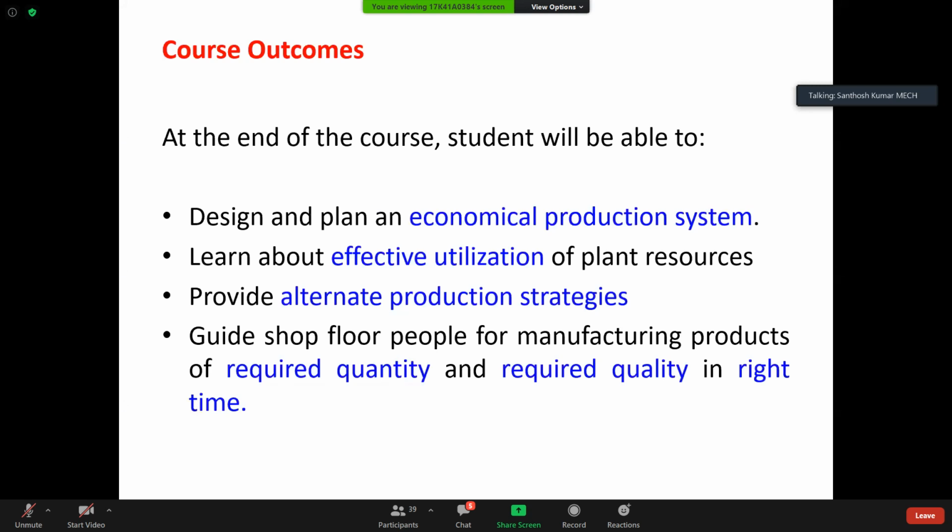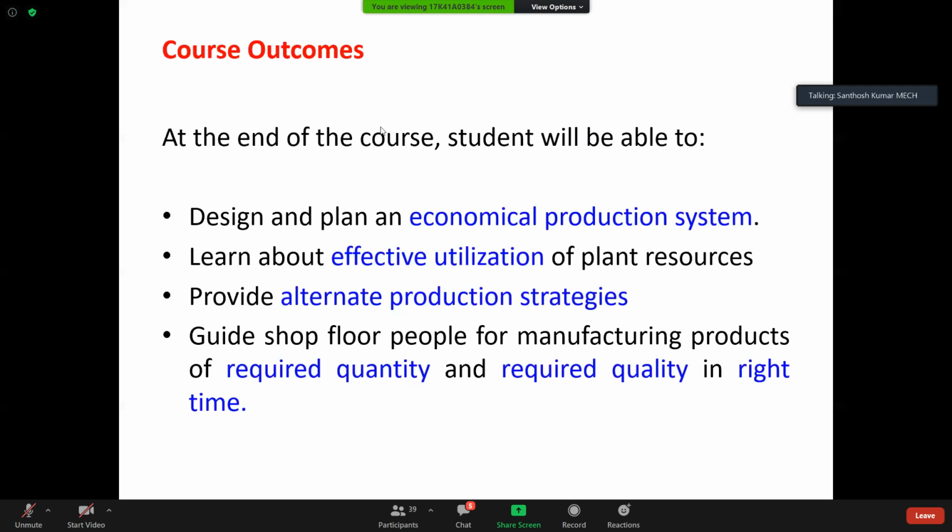See, these are the major outcomes of PPC. If you join as an intern in a PPC department, they will send you to all departments to understand how the process is happening, starting from the marketing section to the dispatch section.